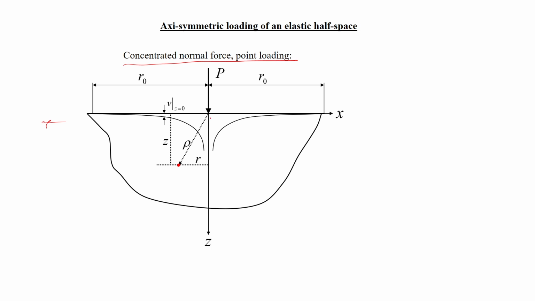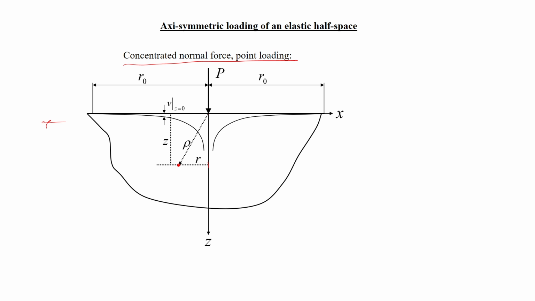So, what we are interested in is that suppose there is a point inside the elastic space, at a distance rho from the point of application of the load, which in the coordinates r, theta, z, let us say it is theta symmetric, is r distance from the z axis and z distance along the z direction.